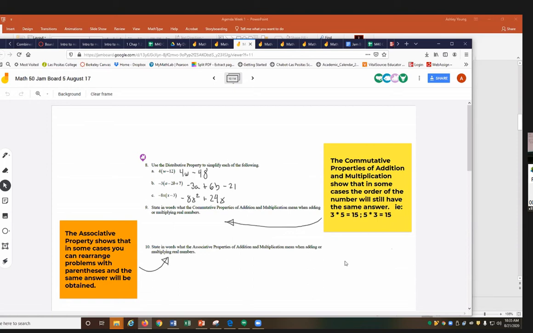Good. For number 9, I said the commutative properties of addition and multiplication show that in some cases the order of the numbers still gives the same answer. So basically, no matter how you rearrange the equation as far as the parentheses, the answer should always come out the same.